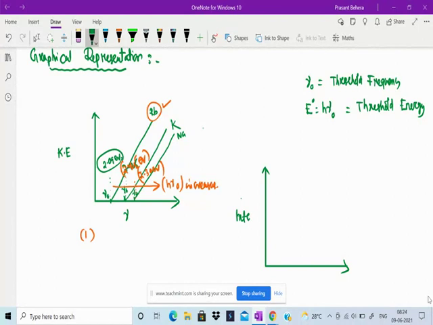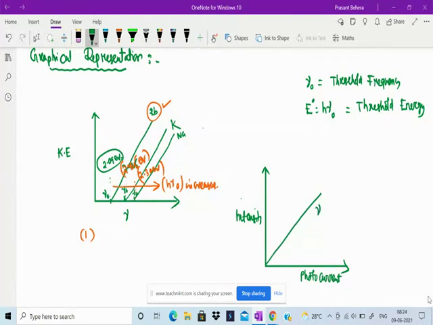This is the intensity, and this is the photocurrent. The intensity is directly proportional to the photocurrent. If more photons collide on the metal surface, it means the brightness increases, then the photocurrent will increase. It is directly proportional.